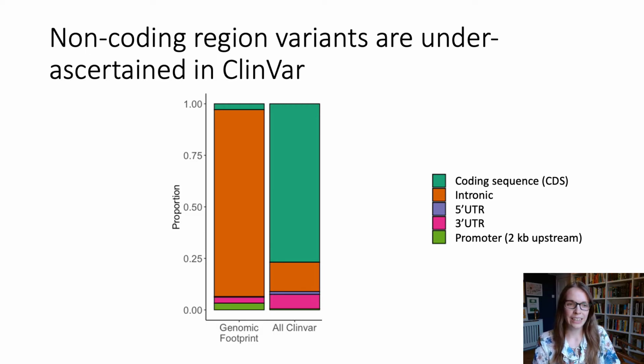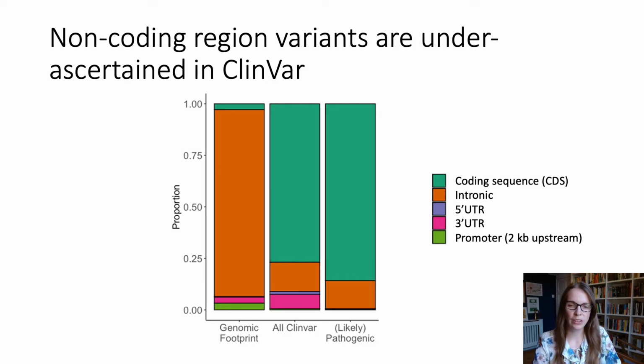If we look at the relative genomic footprint of these regions, a large proportion corresponds to intronic sequence, with only a small portion being coding sequence. But if we look at the variants within ClinVar, a much larger majority of them, 75%, are derived from coding sequence, with very little being from promoter sequence especially.